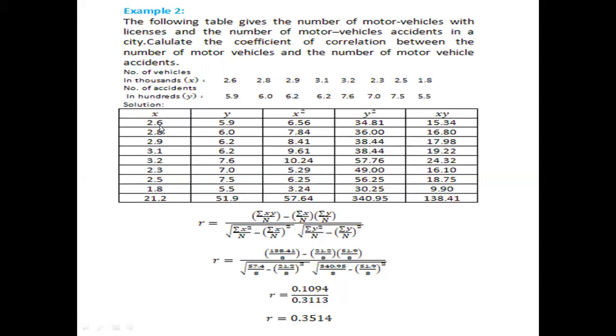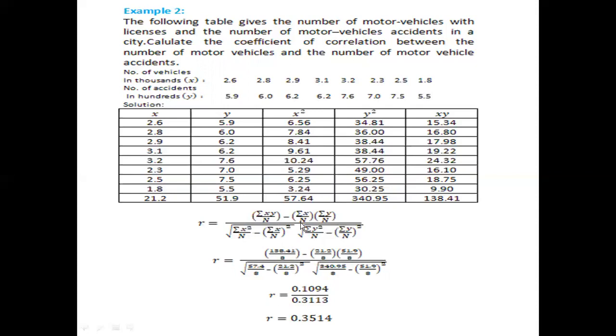X into y can be found: 2.6 into 5.9, thus we get 15.34, 2.8 into 6 gives 16.8, and adding all these numbers we get 138.41.